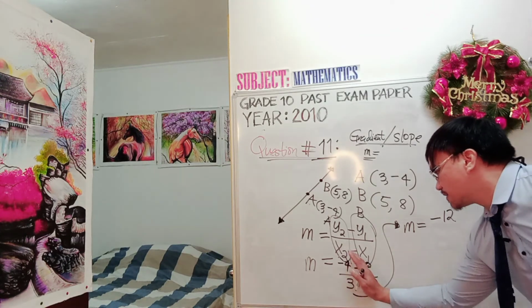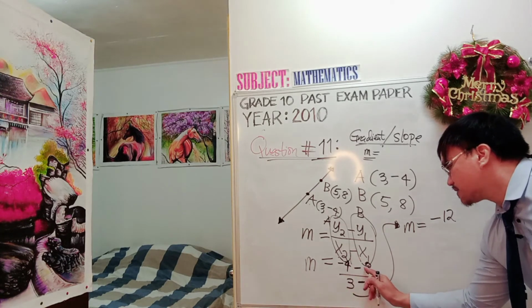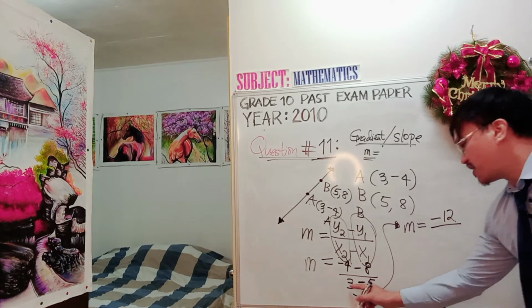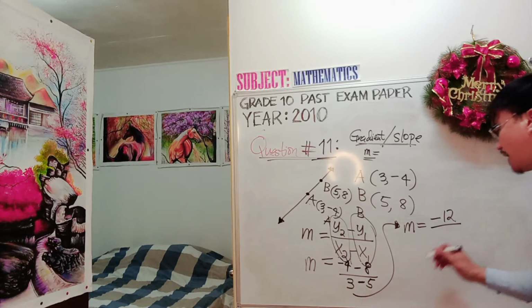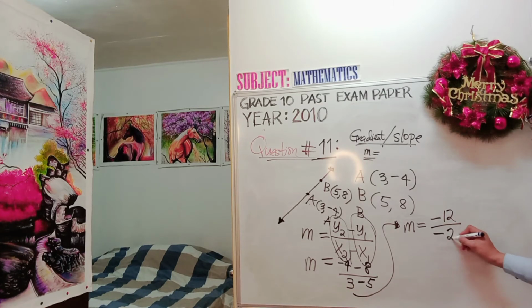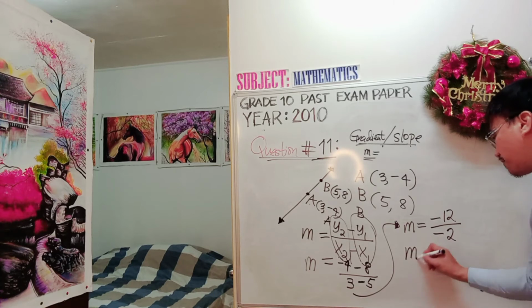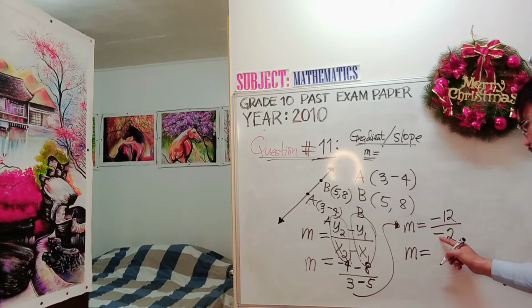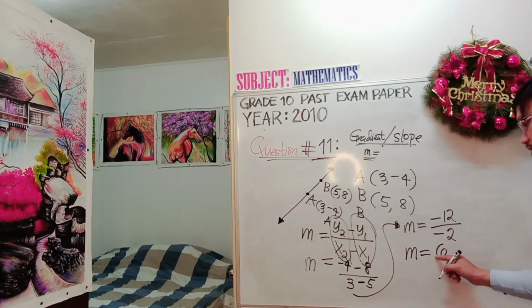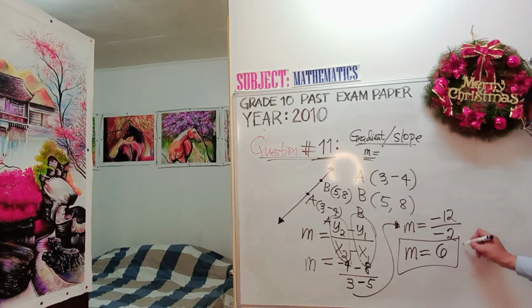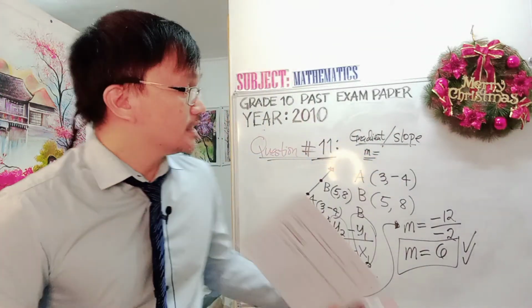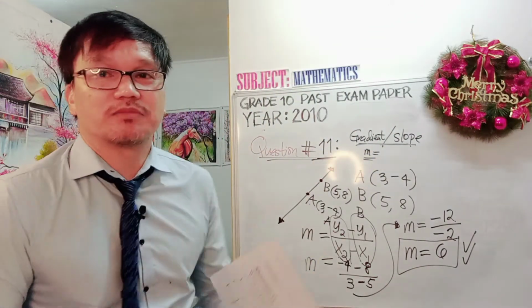So negative 4 plus negative 8 equals negative 12. Divided by 3 minus 5, which is negative 2. Therefore, the gradient is negative divided by negative, which is positive. 12 divided by 2 is positive 6, or simply 6. That is the value of the gradient or slope for question number 11.